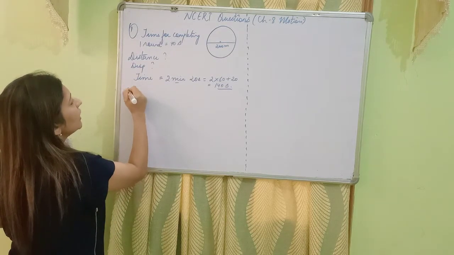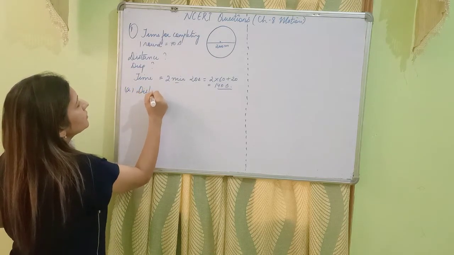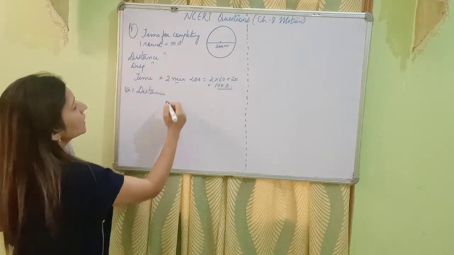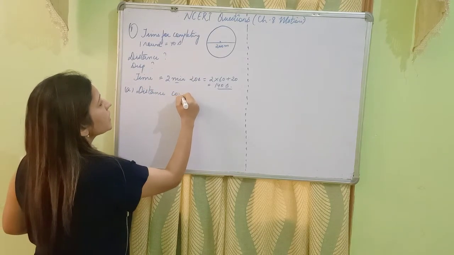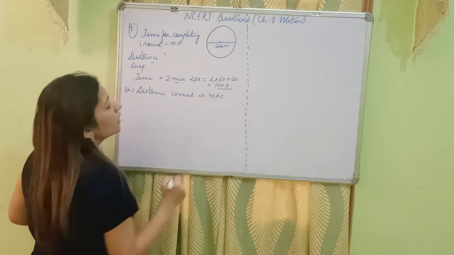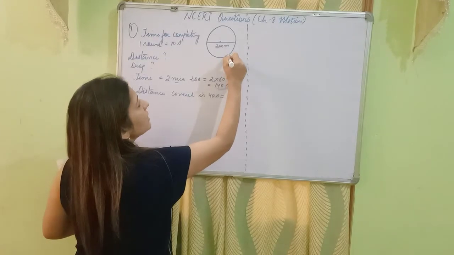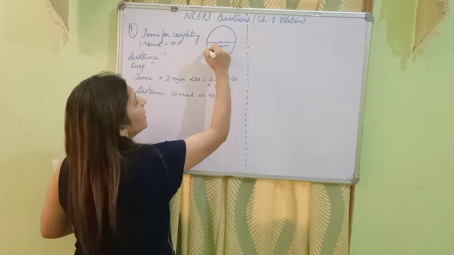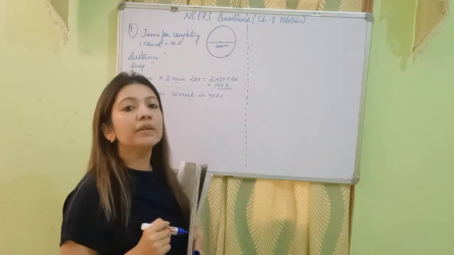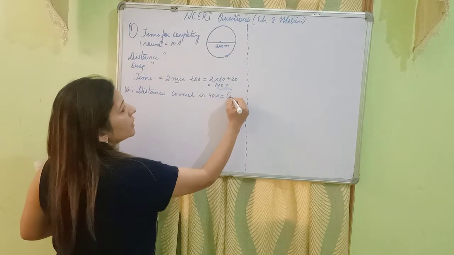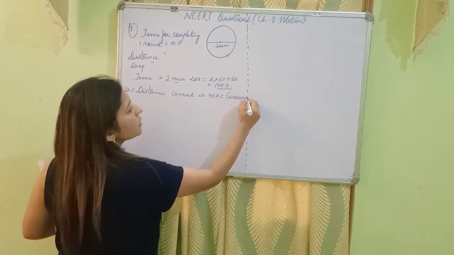We'll first calculate the distance. First we'll calculate distance covered in 40 seconds or one round. Now you know, as the athlete runs and covers one complete round, it means we need to calculate circumference. Distance covered is equal to circumference of the circle.